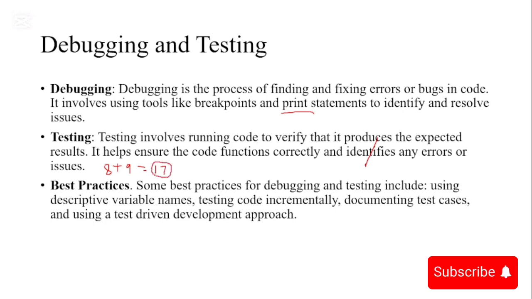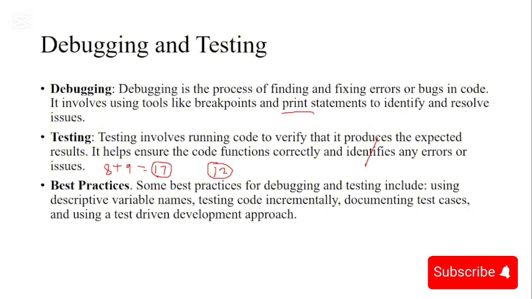But then I run my code and it gives me 12, which is an error. So testing is simply running your code to see if it is giving you what you were expecting. It helps to ensure that the code functions correctly and identifies any errors or issues in your code. So that is testing.